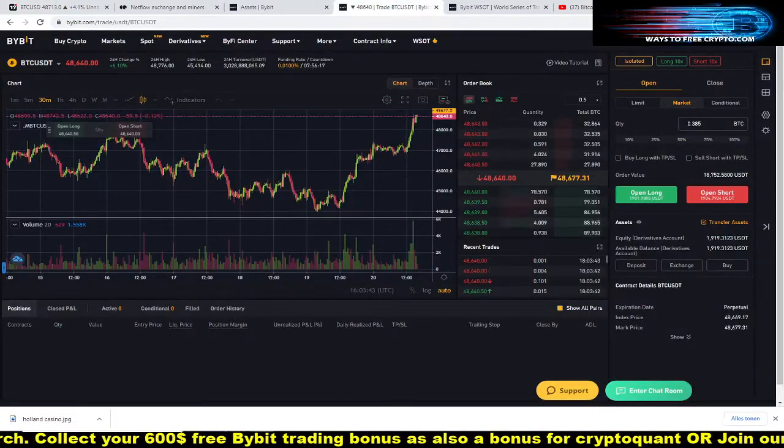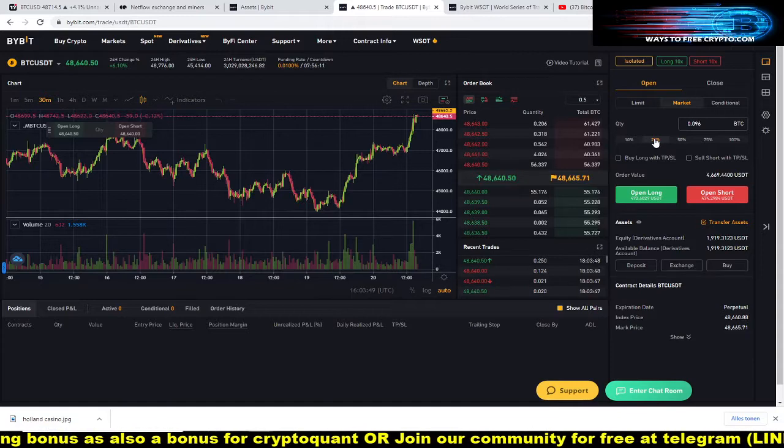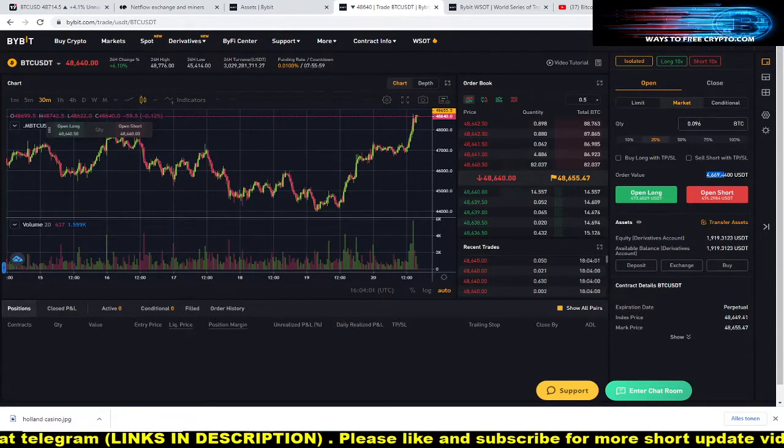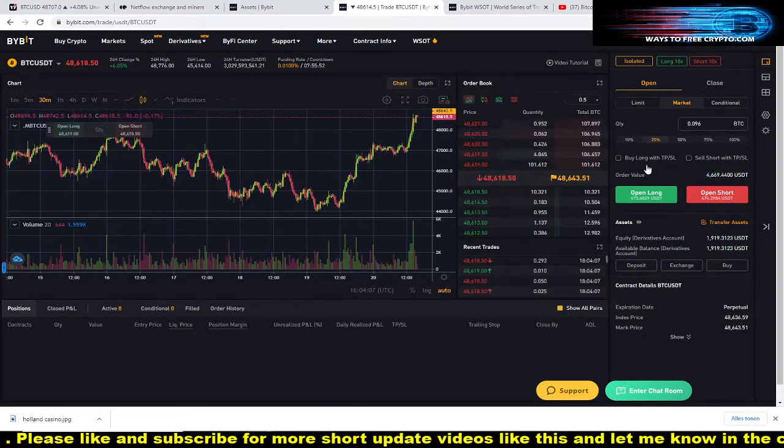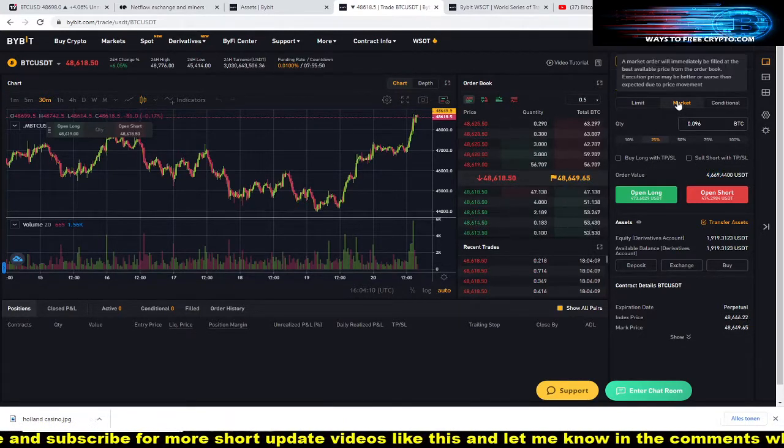So I'm going to do a long, a market order from 25% of my account with a leverage of 10. That means that it will be for about $500, 10x. So this is the amount of money that my order will be. I'm going to long. I have market selected.